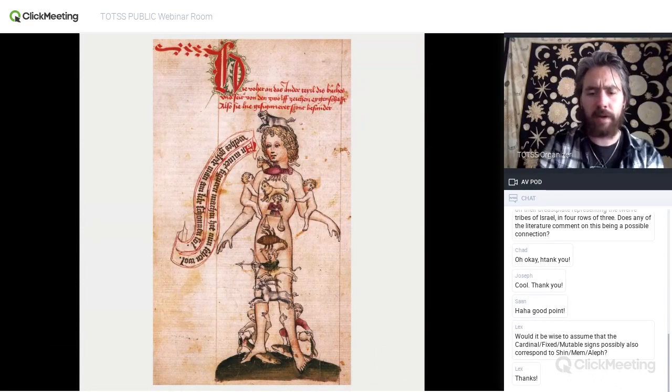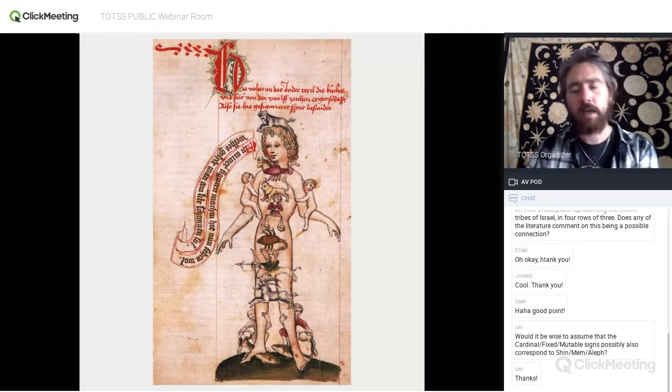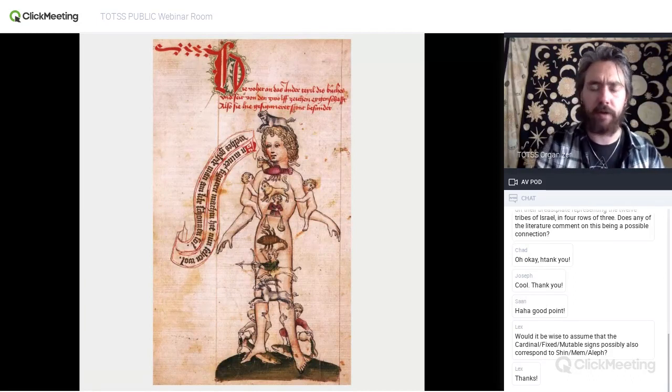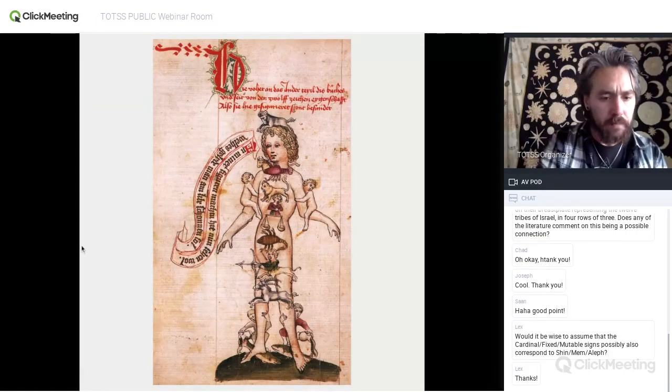There's a little bit of variation in that. Sometimes Aquarius is just the ankles, and then Capricorn gets more of the lower legs. There's a little bit of blending, especially in the torso, but it's pretty consistent.